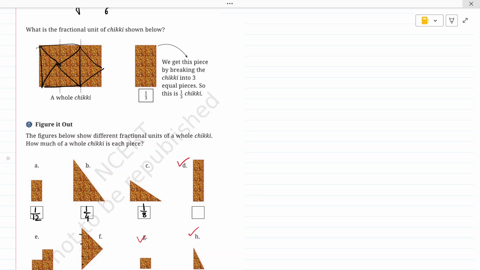And if you join these two, the shapes of these two are like this. If you join together, it will again make the same shapes. So it is 6 equal parts. So we have 1 by 6 here. Like this you have to do the remaining D, G and H. That is homework for you.